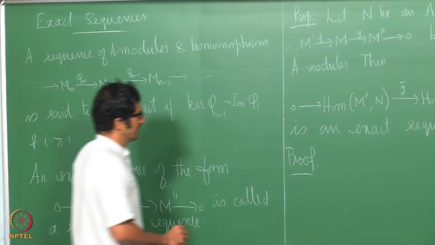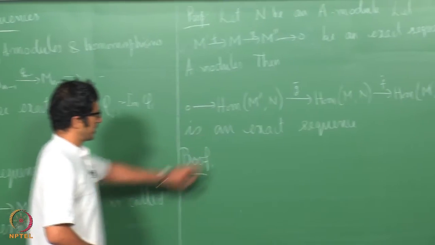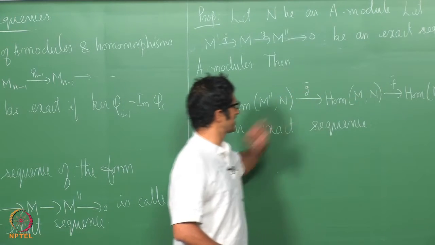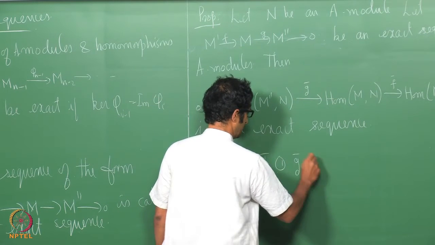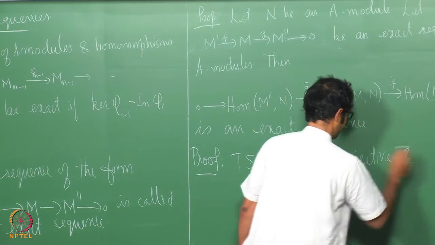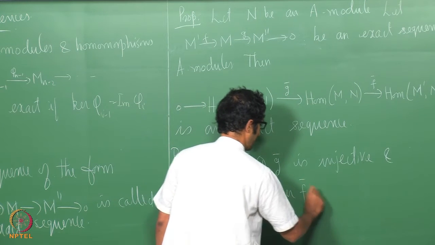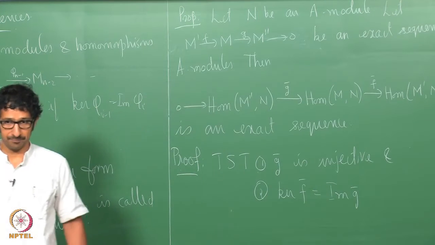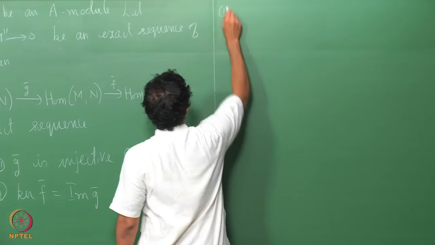We want to show that g bar is injective and kernel of f bar is the same as image of g bar. Okay. So how do we do that? Let us try to prove the first one.